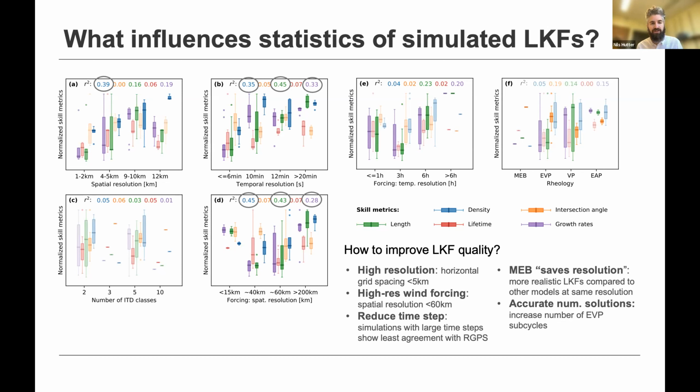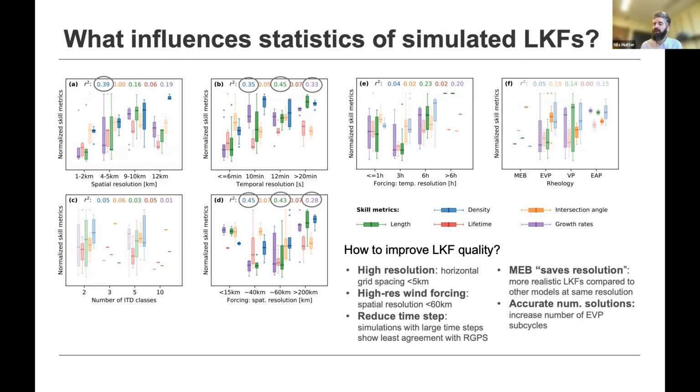The ones that I want to name first, starting on the left-hand side, are that spatial resolution seems to matter. Especially for the LKF density, we find a much better agreement if we reduce the resolution of our simulations. We also found that the temporal resolution at which the models are run, so the time step, has a huge impact on the density, but also on the length and the growth rates of the LKFs.